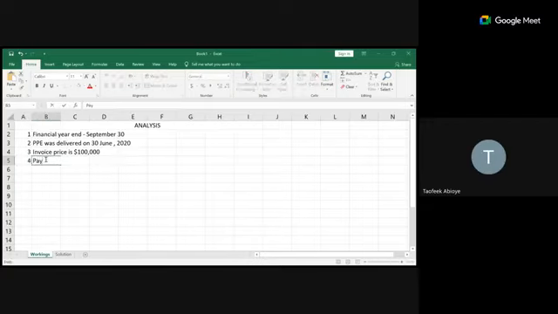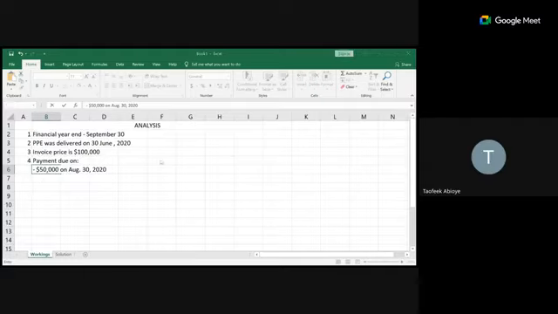Payment due: number 1, equal installment of $50,000 on August 30, 2020.